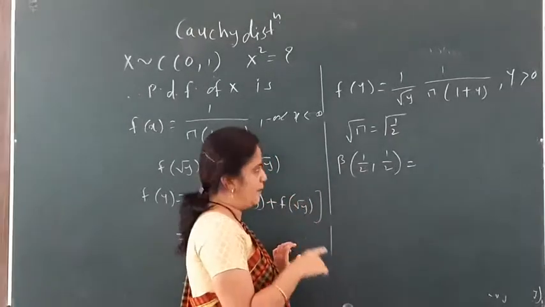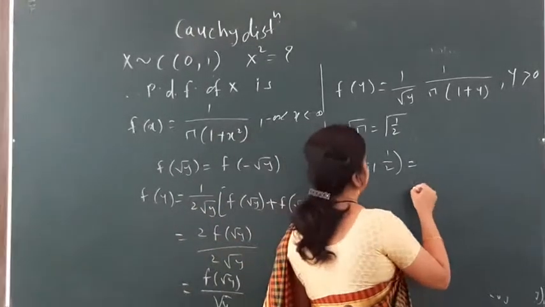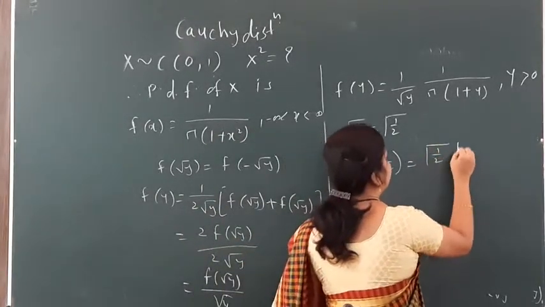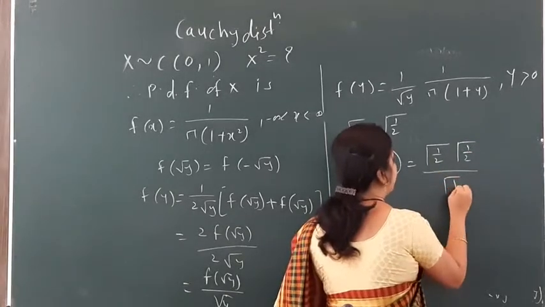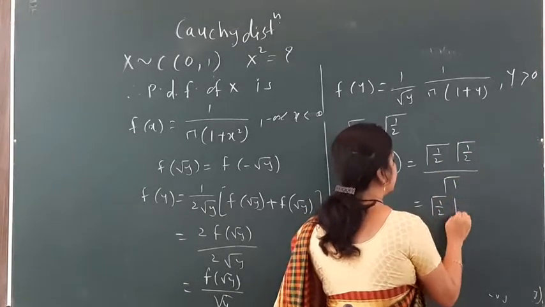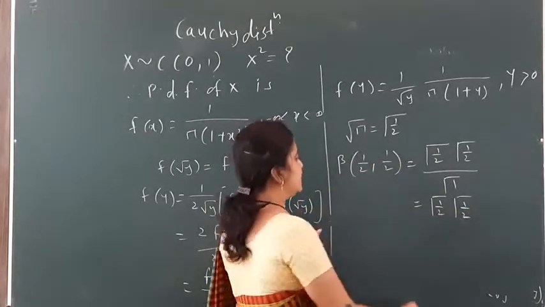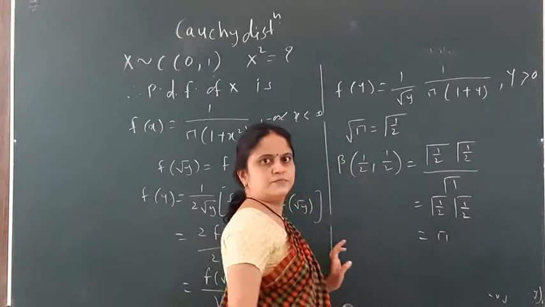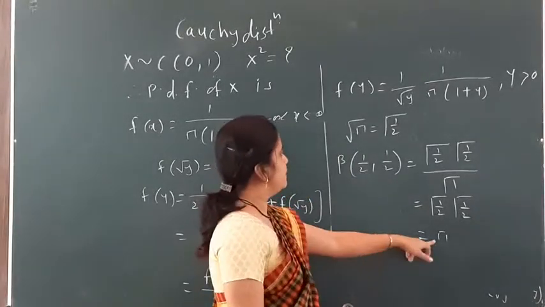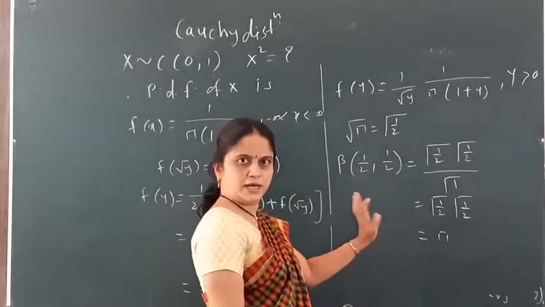Beta half comma half can be written as gamma half comma gamma half divided by gamma, that means gamma 1, which is 1. Hence gamma half into gamma half is pi. Getting the concept? So I can replace the value of pi as beta half comma half.